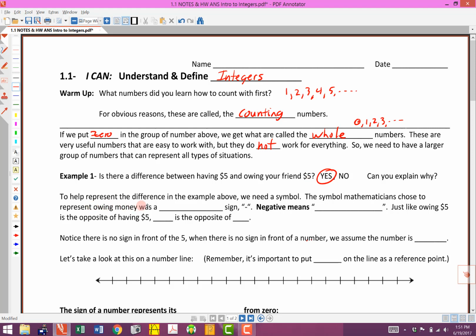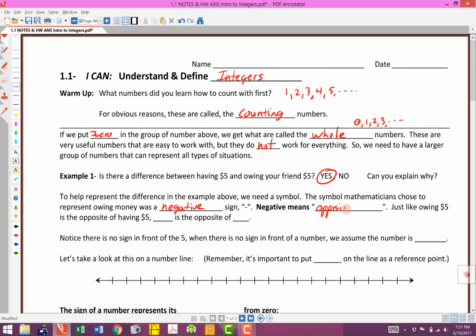So to help represent the difference in the example above, we need a symbol. And the symbol that mathematicians chose to represent owing money was a negative sign. So we're going to write the word negative in here. And a negative sign looks like this. It looks an awful lot like a minus sign. It's a little dash. But it indicates the sign of the number. And a negative sign in front of a number means opposite.